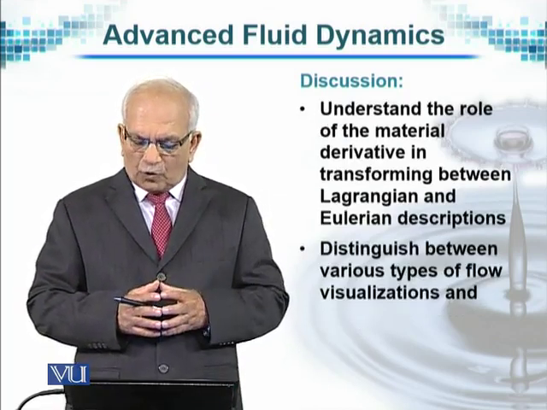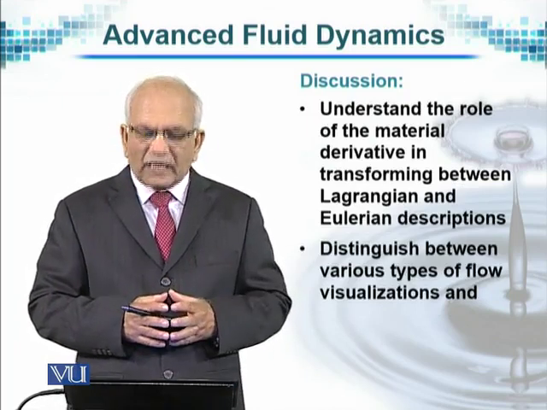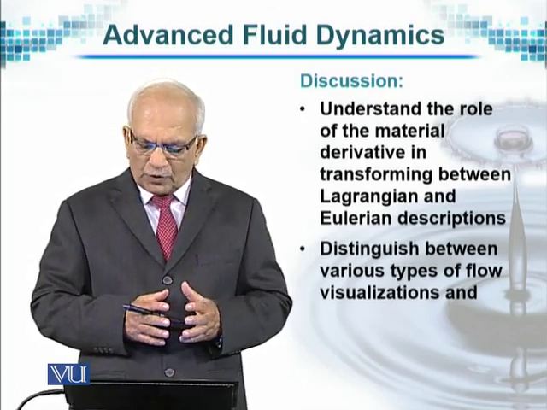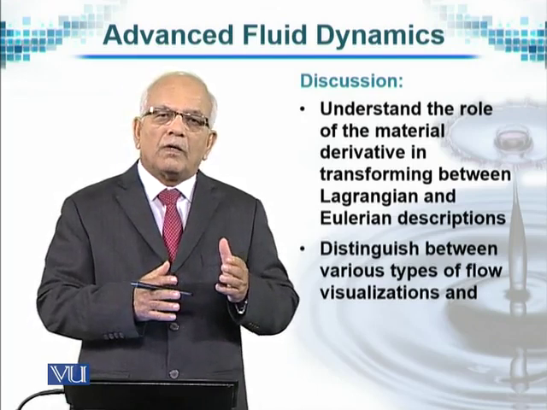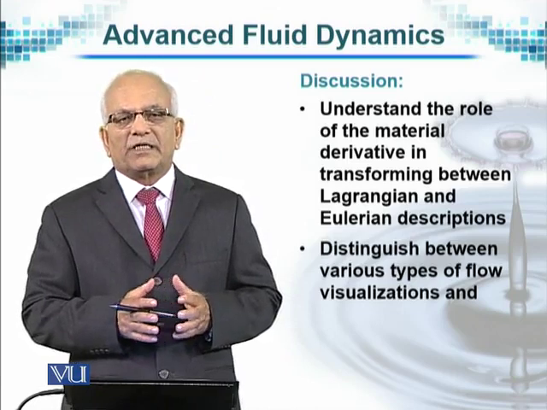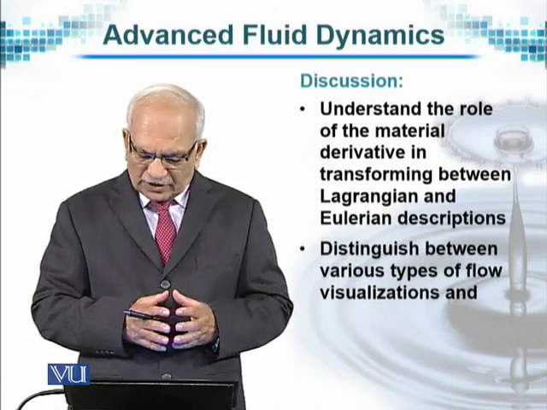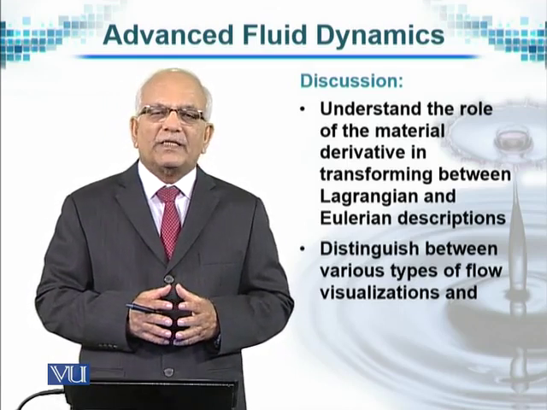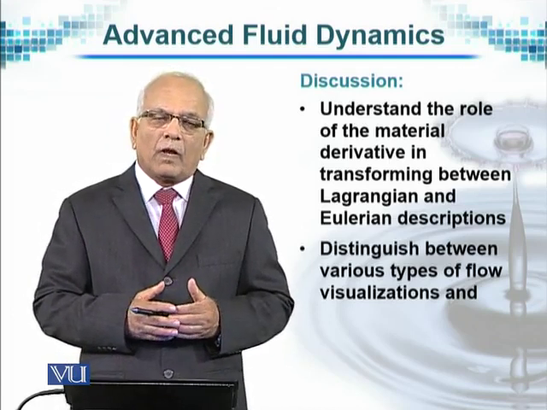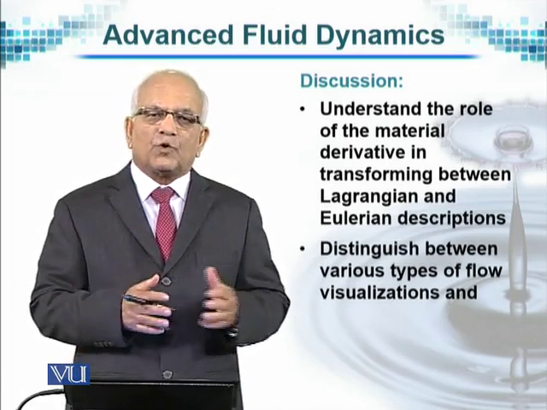It's important also to understand the role of what we call the material derivative, that transforms from Lagrangian representation to Eulerian representation, that I had also mentioned in my earlier discussions. There are two ways when it comes to representing in terms of equations, mathematical variables x, y, z, and so on.